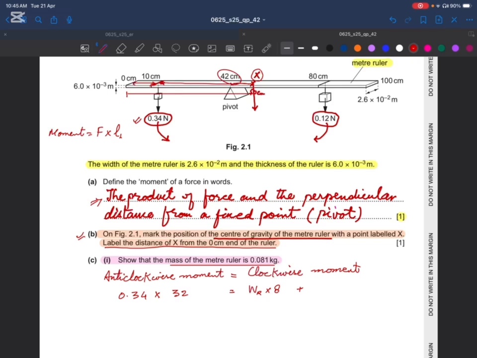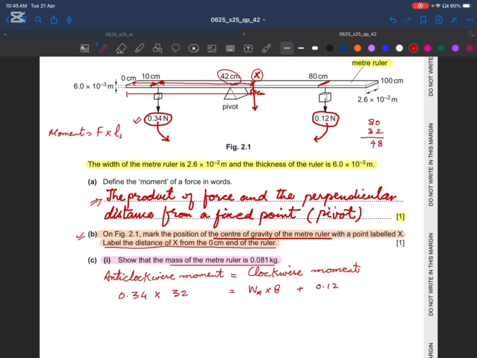So weight of the ruler multiplied by 8, and on the other hand, the other weight is 1.2 Newton, hanging at 80 centimeters. So 80 minus 42 will give you the distance.